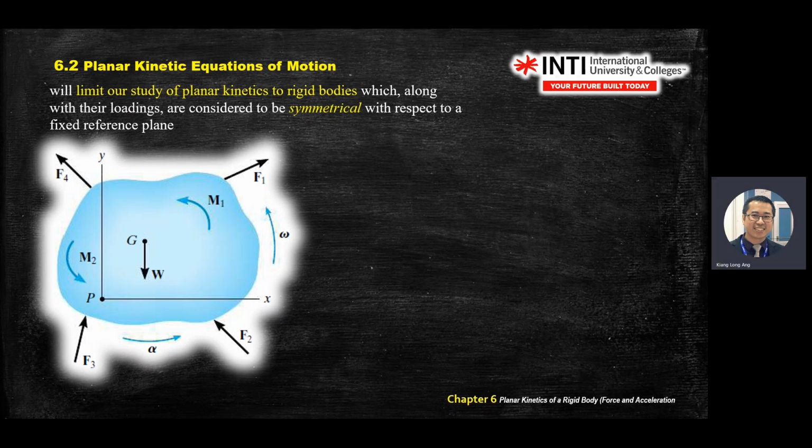Your W or mg must pass through the center of mass. Take note. Earlier, in test 1, maybe you drew it a little bit shifted, I didn't care. But in test 2 or the final exam, if you see G and draw it like this, you get no marks for your free body diagram, because you don't understand the effect of center of mass.